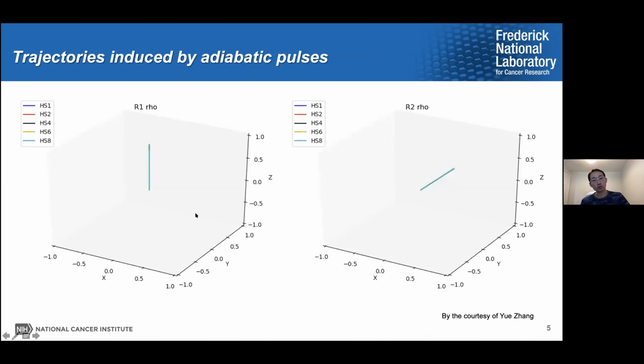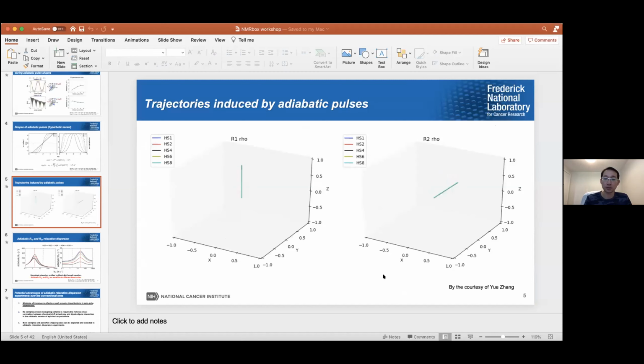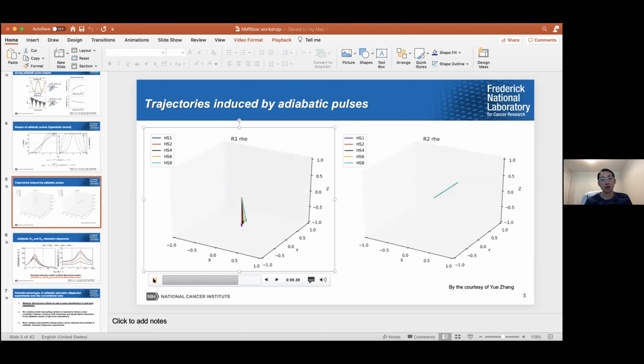So here I will show you the trajectory that will tell you the difference. Okay, so I need to leave the display mode. So for the adiabatic R1 rho experiment, as I mentioned before, you start with the z-axis in the laboratory frame. They start to move. You can look at the blue line, which represents the trajectory from SH1. Most of the time, it stays on the z-axis.